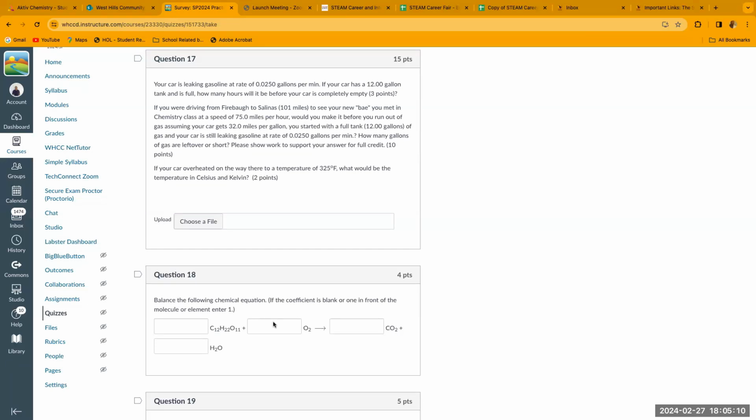And then the second part of the question says that if you are driving from Fireball to Salinas, 101 miles, to see your new boo or your new bae, you met in chemistry class, at a speed of 75.0 miles per hour, would you make it before you run out of gas, assuming your car gets 32.0 miles per gallon? You start with a full tank of gas.